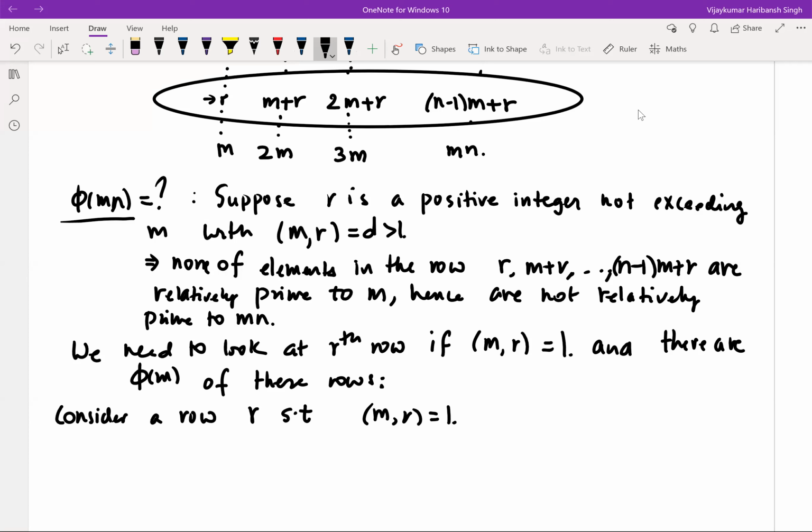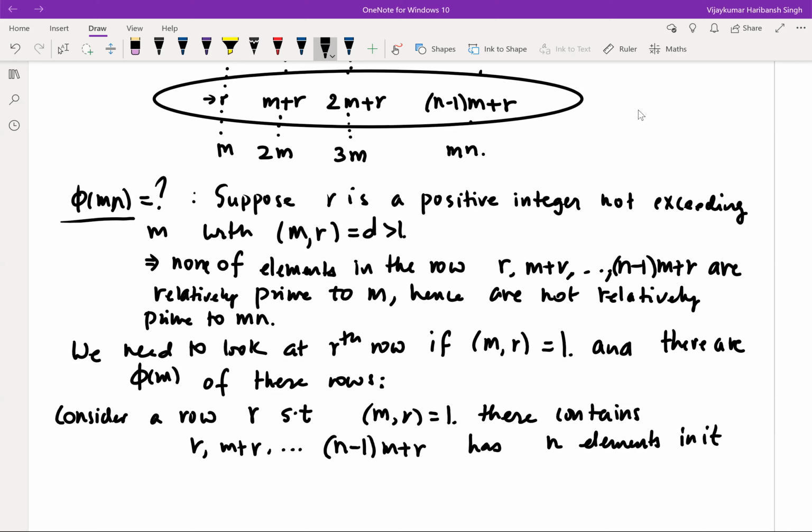Now in this row, how many elements does it contain? It contains r, m plus r, dot dot dot, n minus 1 times m plus r, which has n elements in it. And all these are relatively prime with m.